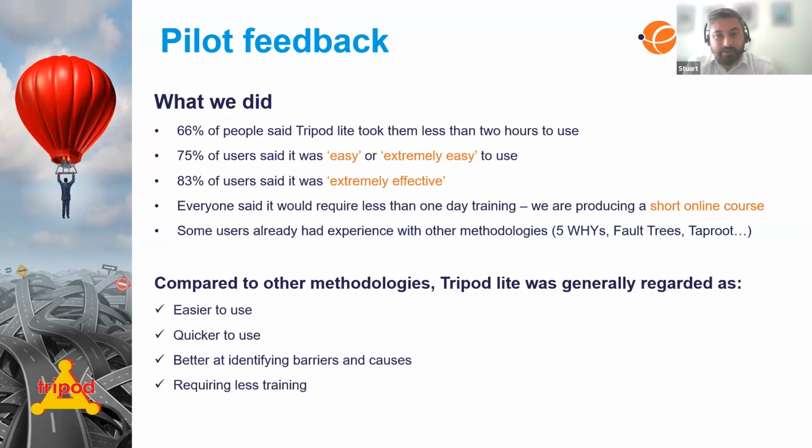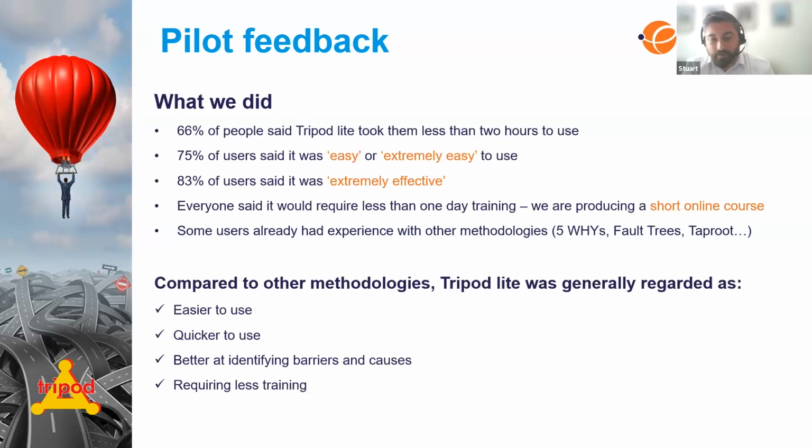Quite a few of the users had experience with other methodologies such as 5 Whys, fault trees, TapRooT, etc. And importantly, compared to these other methodologies, they reviewed Tripod Lite very favorably. Generally, they saw it as easier to use, quicker to use, often better at identifying barriers and causes, and generally requiring less training.